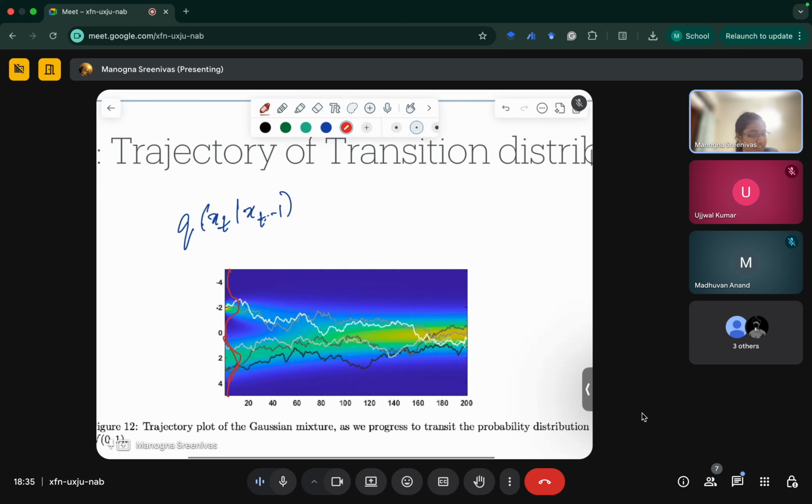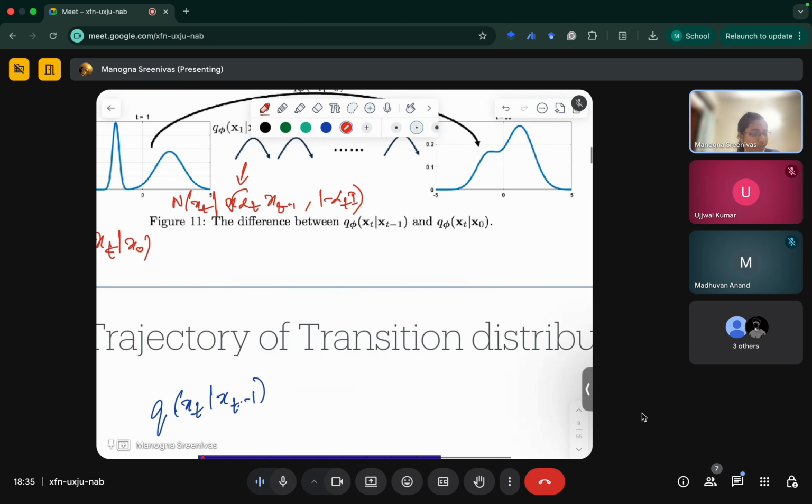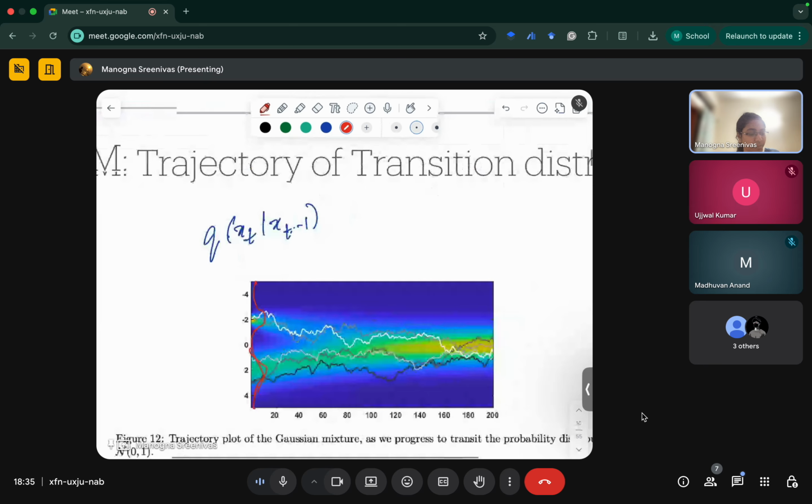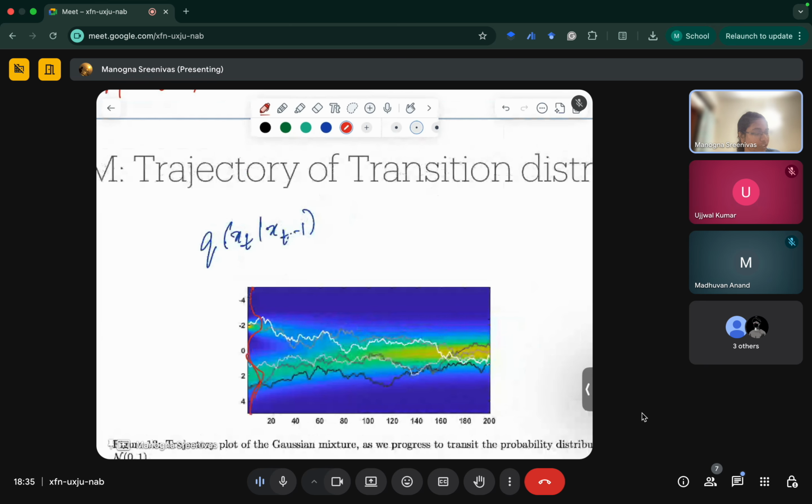If you see it in 1D it will be something like this. And eventually I have a peak at 0. So this is 0 comma I, this is p of xt.